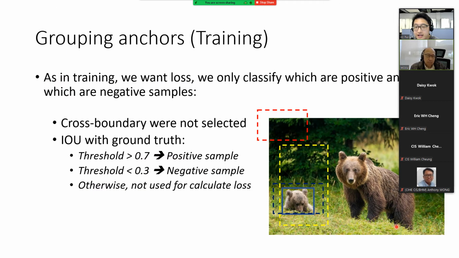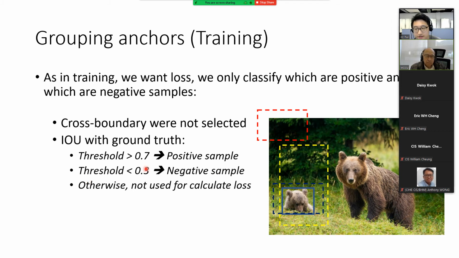If we look at the example again, first we will remove, of course, the boxes outside the image. Then the threshold of IOU larger than 0.7 we will consider as positive sample, which is the purple one here. The blue one is actually the ground truth.